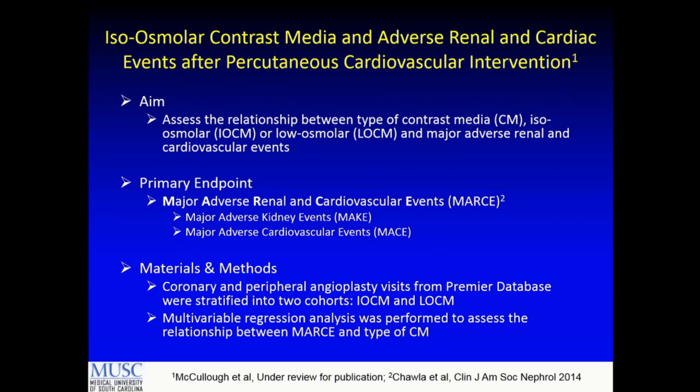This was previously described in the nephrology literature by Chawla, and essentially is just major adverse kidney events added to major adverse cardiovascular events. Coronary and peripheral angioplasty visits from the Premier database were stratified into two cohorts, iso-osmolar and low osmolar contrast media, and then multivariable regression analysis was performed.